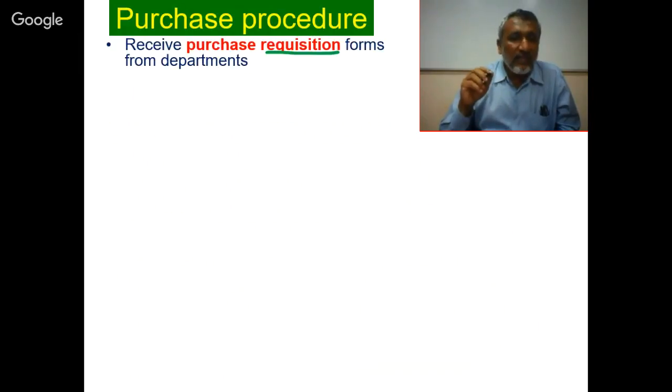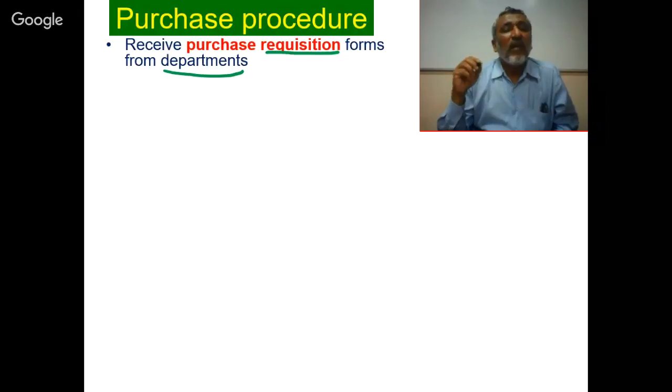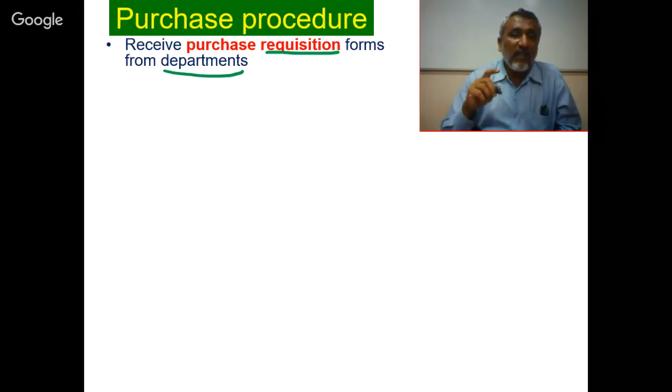It buys materials based on the request received from different departments. Whenever materials are needed by a department, they will give a written requisition to the purchase department. And now the purchase department will consolidate all these requisitions for purchase and will make a list of items to be purchased.